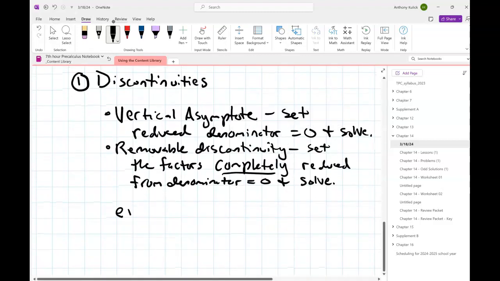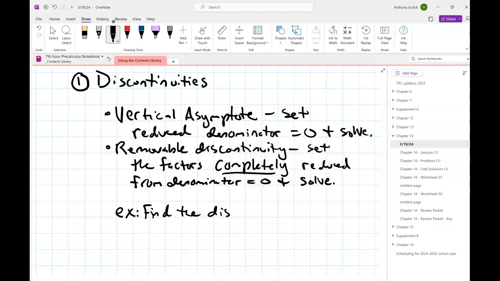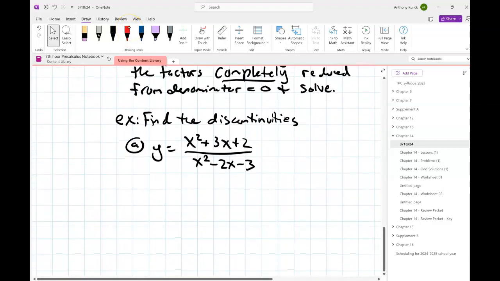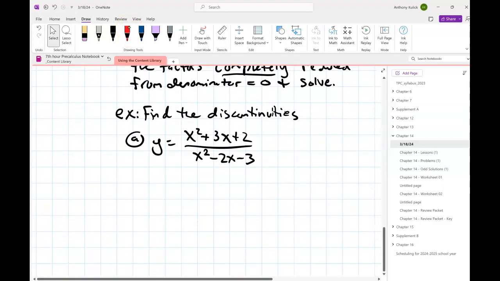Okay, let's do a quick example here. Let's say our rational function is x squared plus 3x plus 2 over x squared minus 2x minus 3.